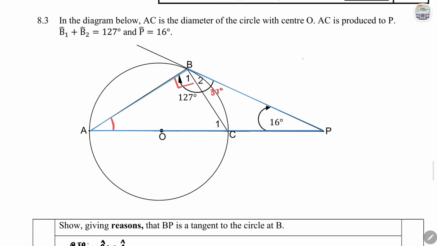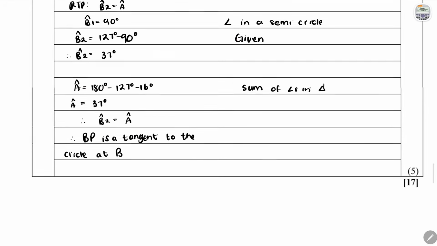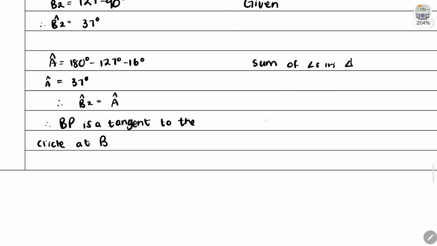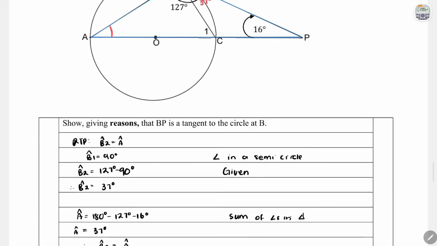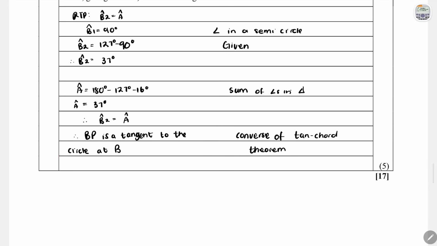The tan chord theorem is used when you already know that this line is a tangent. But because we were trying to prove that it was a tangent, we're going to say this is the converse of the tan chord theorem. Okay, and that is our answer, and that is it for question 8.